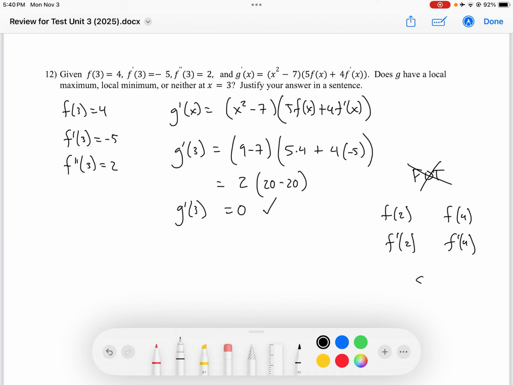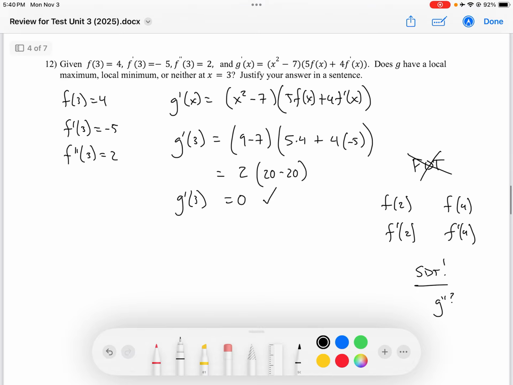So I better try the second derivative test. Maybe I can find G double prime and see whether it is positive or negative. I'm really hoping it's not 0, because then the test is inconclusive. But I'm guessing it's going to give us a positive or negative value.